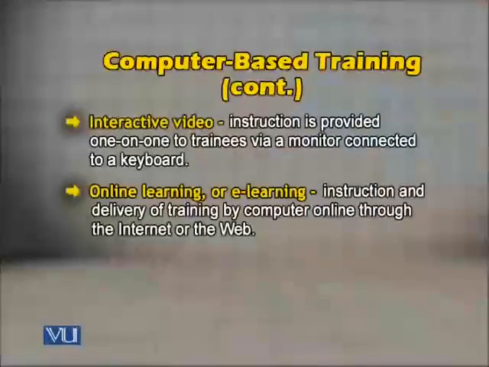So intranet does not use the facility of the internet. It does not get connected by the internet. Intranet is a network of a smaller magnitude within a specific area, within a specific organization. So online learning can be provided either through the internet, through web-based learning, or through intranet learning.